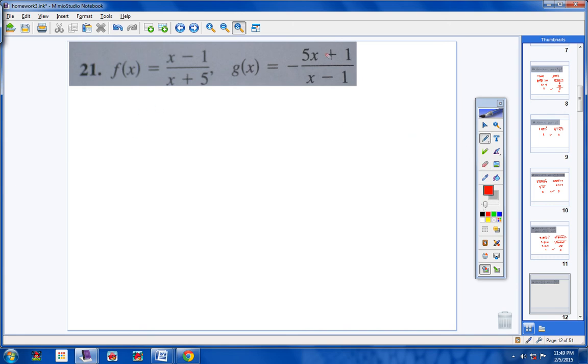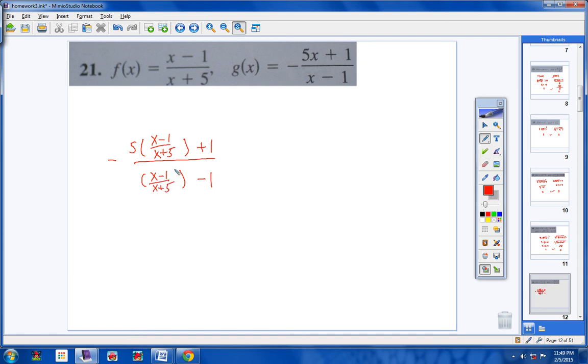Let's see what happens. Take your g function. You have a negative sign here out front, and then we're going to put 5 in a big parentheses, then plus 1, and then put a parentheses for the bottom, and then minus 1, okay? Right here we're going to put x minus 1 over x plus 5, and then right here we're going to put x minus 1 over x plus 5, okay?